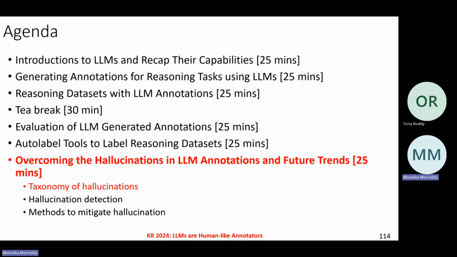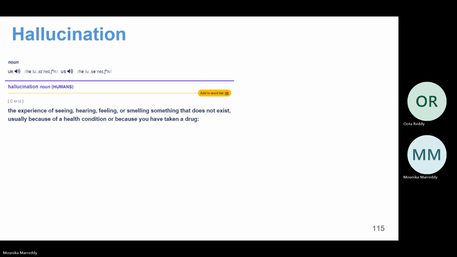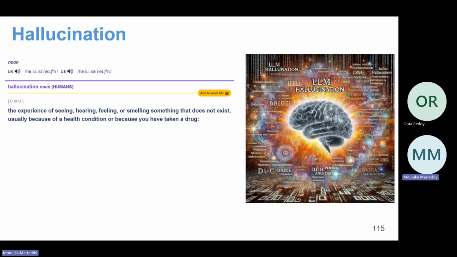Let's see the definition of hallucination and also the taxonomy of hallucinations. So what is hallucination? The experience of seeing something which is not there, the experience of hearing something which is not there. These are the definitions of hallucinations. Do LLMs hallucinate?